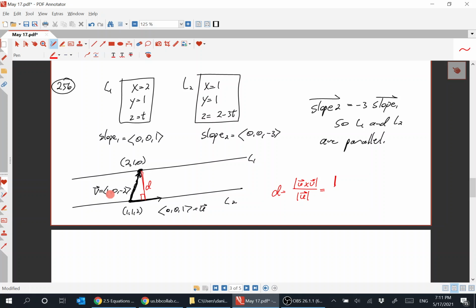So here, what is this v? Well, what is the u? U is just k. K cross, and what is v? I minus 2k. Why I'm writing in red, I don't know. All over the length of u. All right, length of u. Well, the length of u is just 1. All right, it's a unit vector.